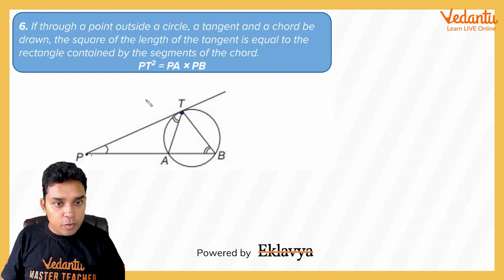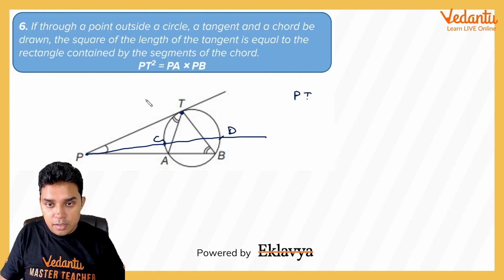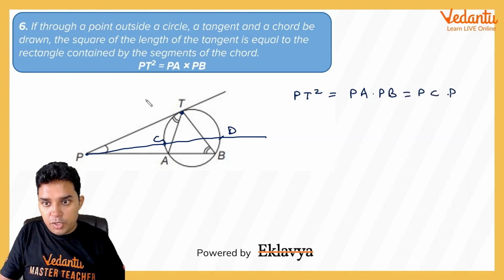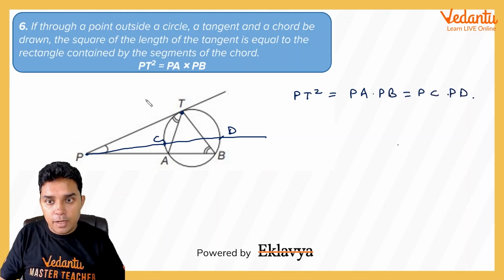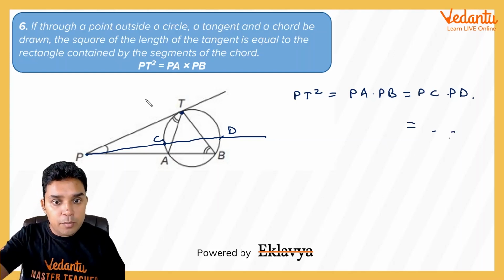In fact, from P you may draw many such chords. Let us call these C and D. Then we can write PT square is equal to PA into PB is equal to PC into PD, and so on.